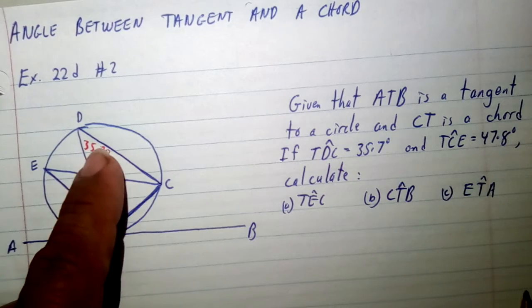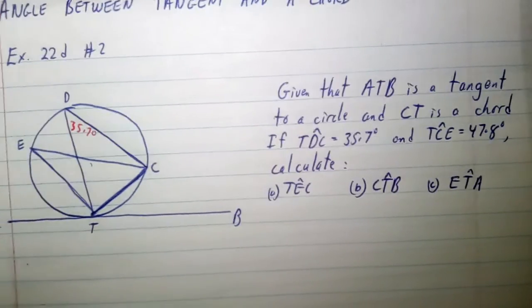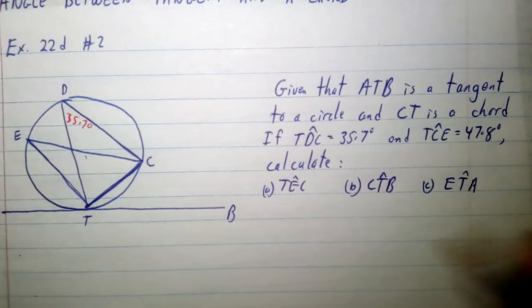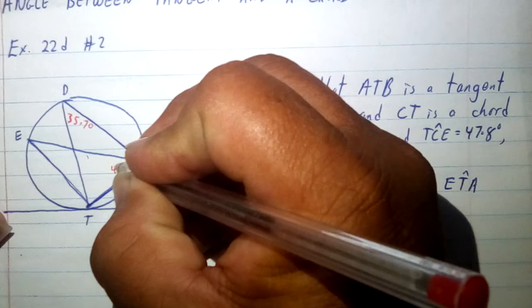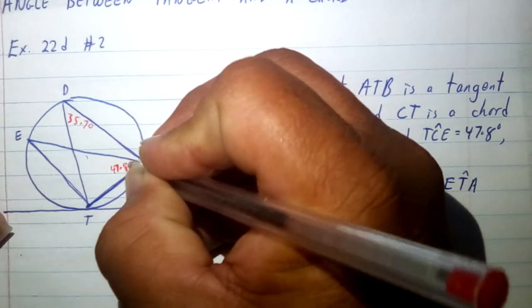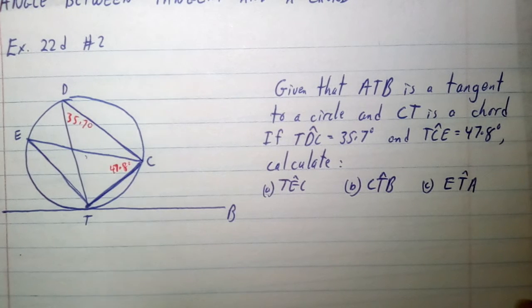TDC equals 35.7 degrees, and angle TCE is equal to 47.8. Okay, then we have labeled what you have been given in the problem.